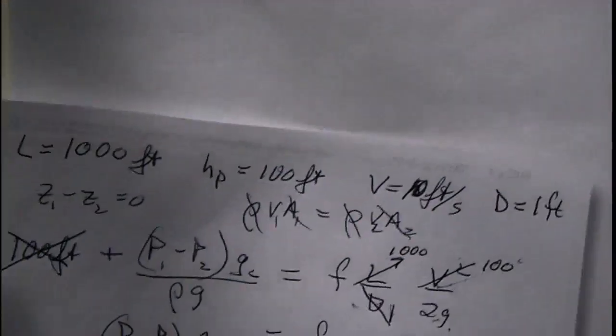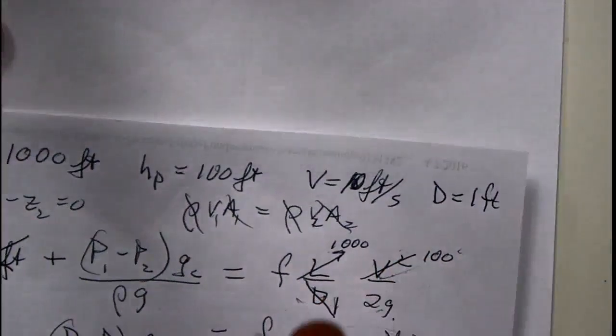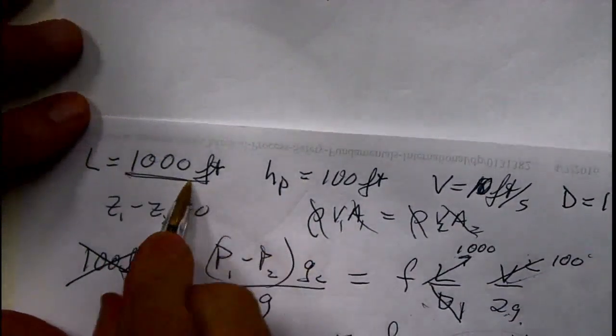Now, let's go ahead and work unknown length. And just for fun, let's go ahead and use this as well. Here it was 1,000, excuse me. Here we're going to do unknown length.